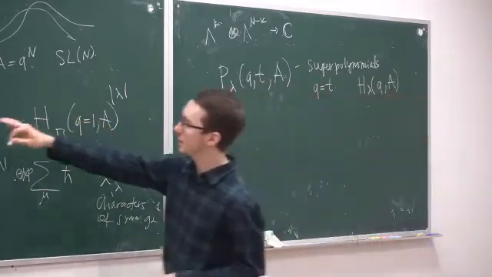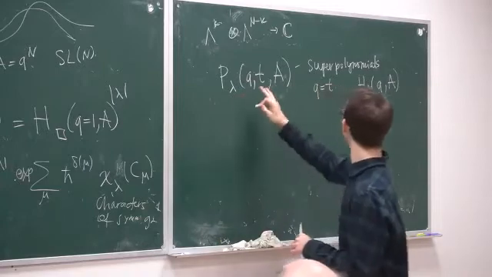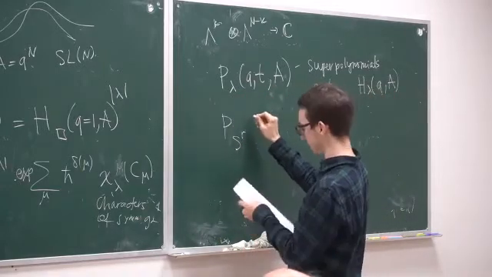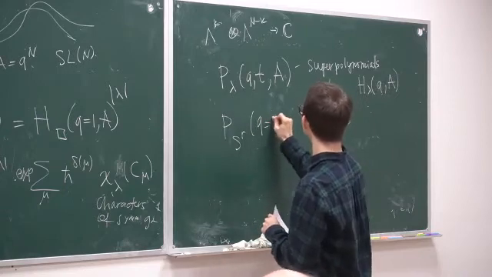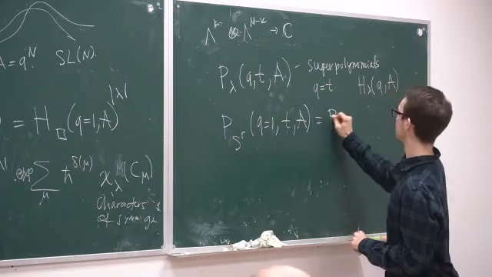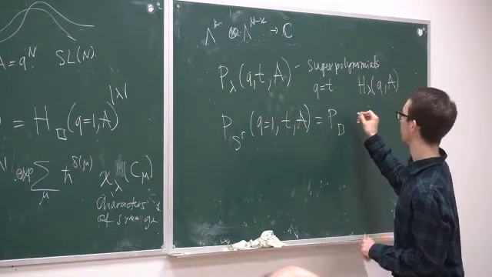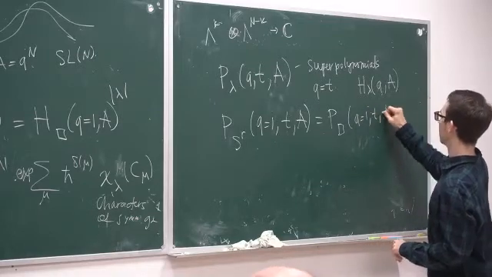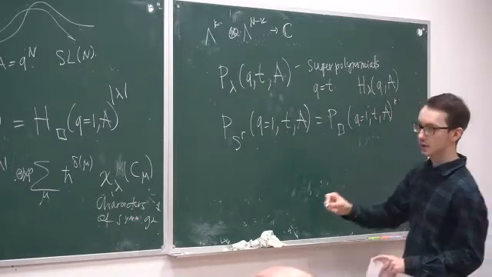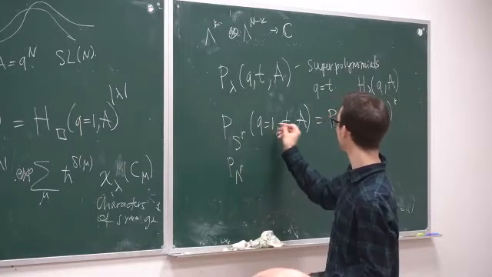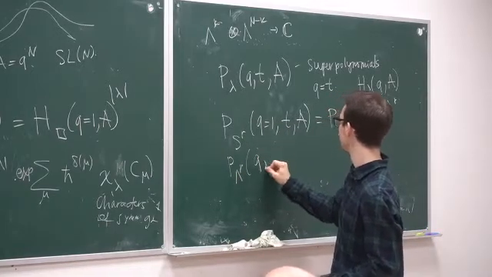But this property generalizes to the following for these superpolynomials. So if we take just the symmetric representation at Q equals 1, then this is the single box at Q equals 1, A to the R. And for the wedge representation, instead of Q, we should put T.